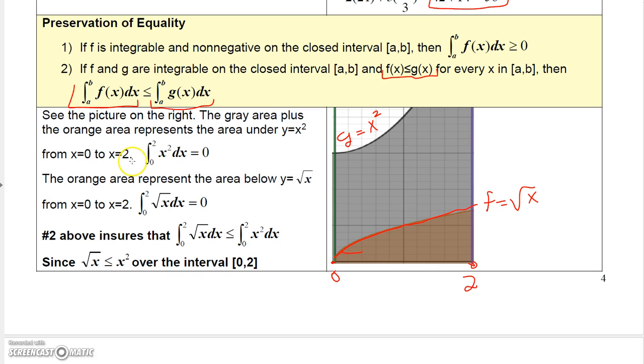So we know that the integral from 0 to 2 of square root of x must be less than or equal to the integral of x squared from 0 to 2. Okay, so that's basically all that says.